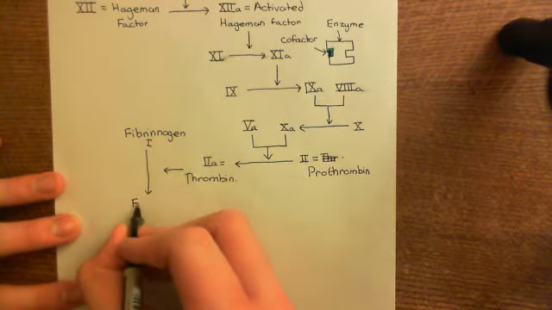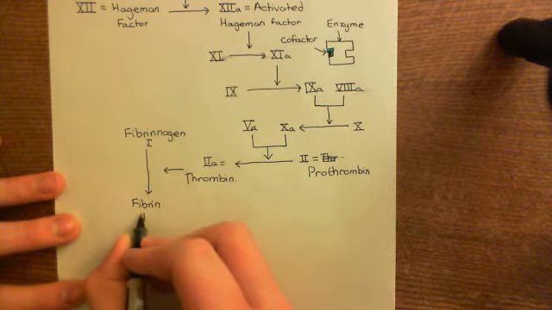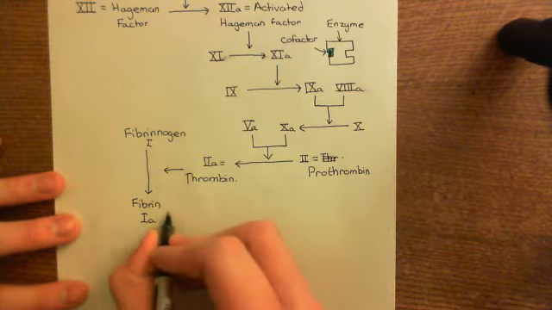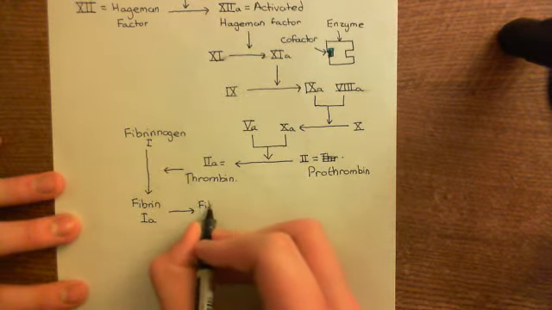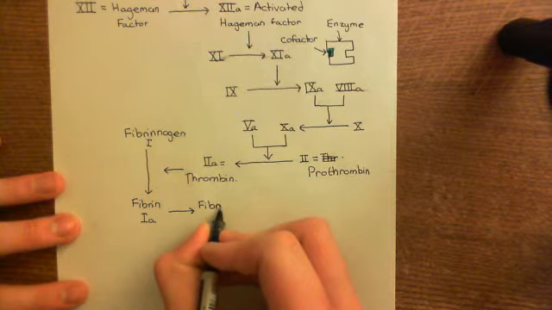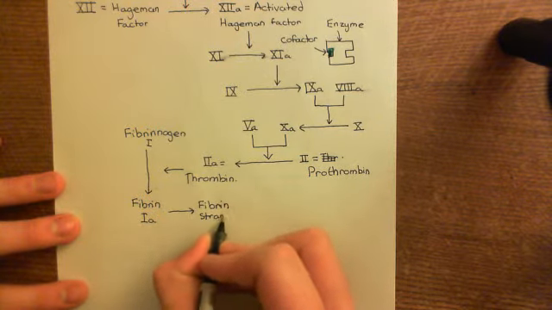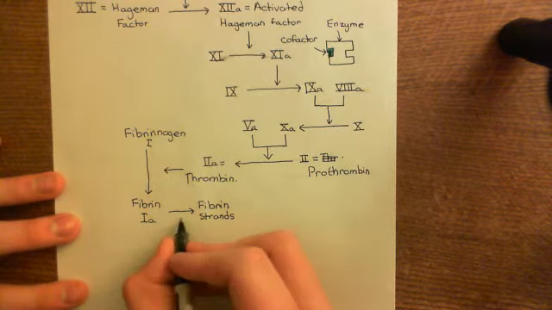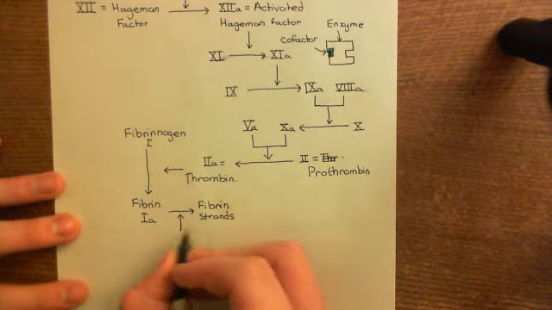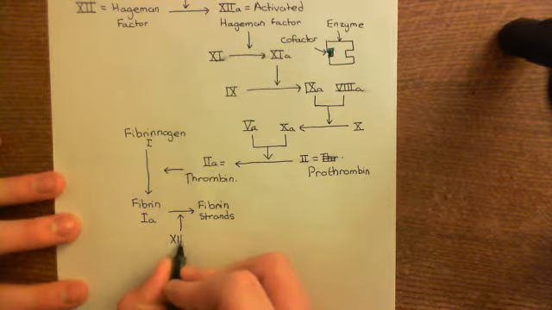So into fibrin, and then fibrin will be converted into fibrin polymers, so fibrin strands, and then you'll get these fibrin strands deposited in amongst the platelet aggregate to create a secondary hemostatic plug. Okay, so to your fibrin strands. Okay, and the enzyme which catalyzes the polymerization of fibrin into fibrin strands is factor 13A.